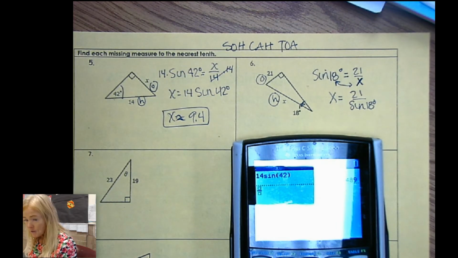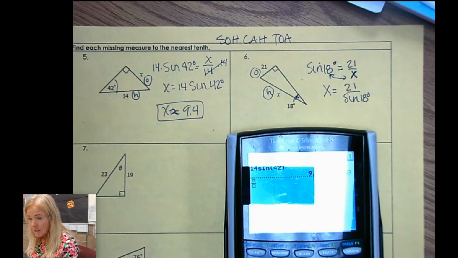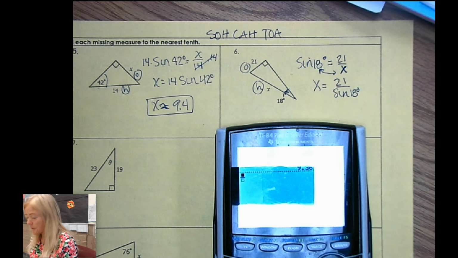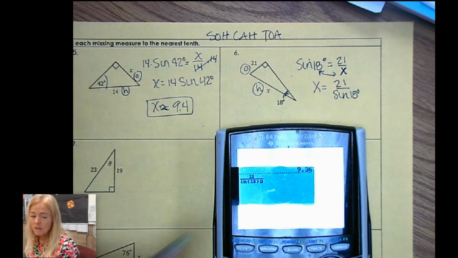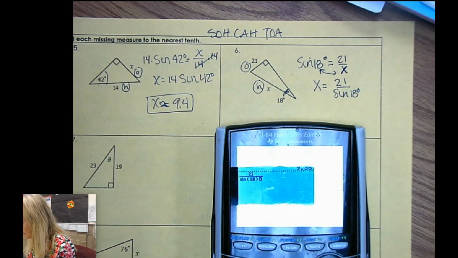You're going to give yourself a fraction by hitting the N over D button on your calculator, and do 21 over sine 18. That sine 18 is just one number and your calculator sees it as one number, but it's good to use your fraction button.